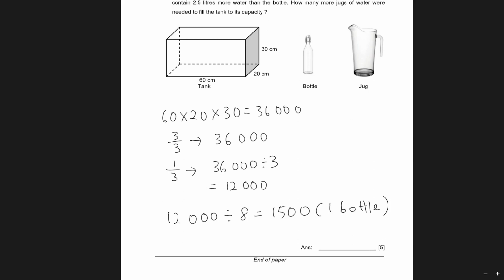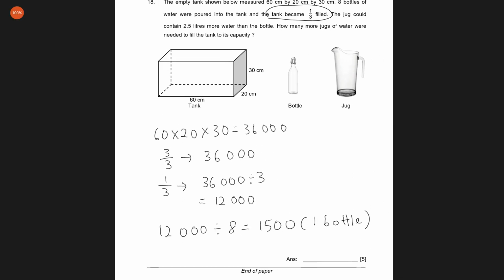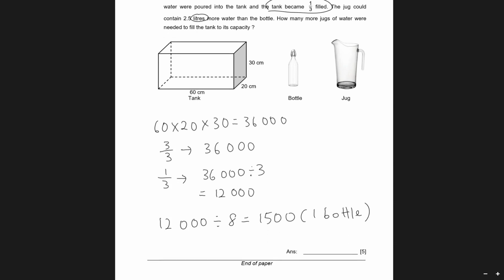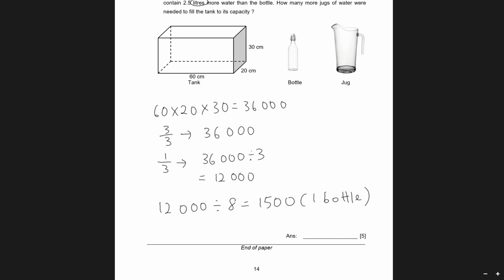Okay, now all this again is in cubic centimeters. Okay, so they said that the jug could contain 2.5 liters. Now the tricky part is now the units is in liters. My answers throughout has always been in cubic centimeters, so we ought to change this to liters and milliliters, isn't it?